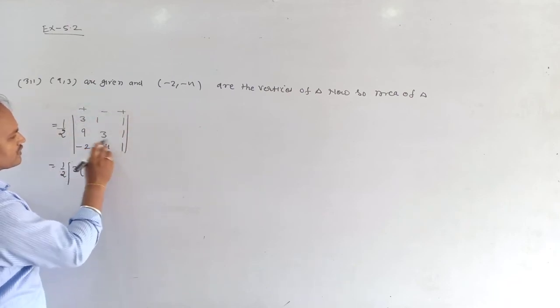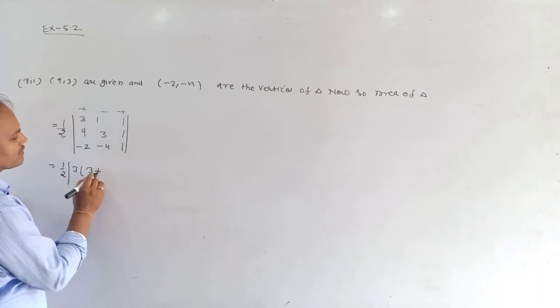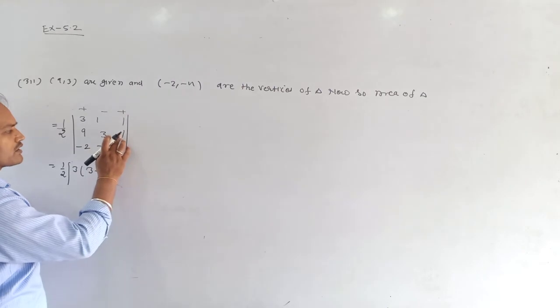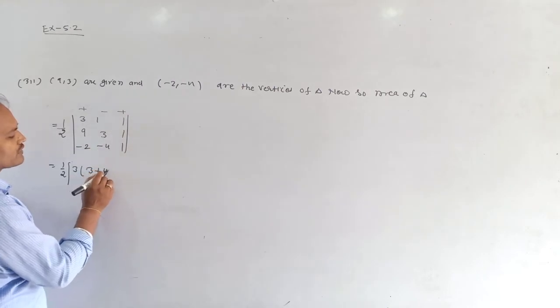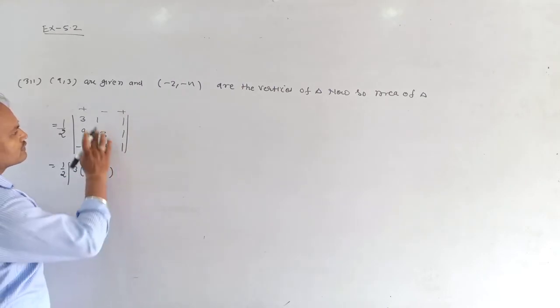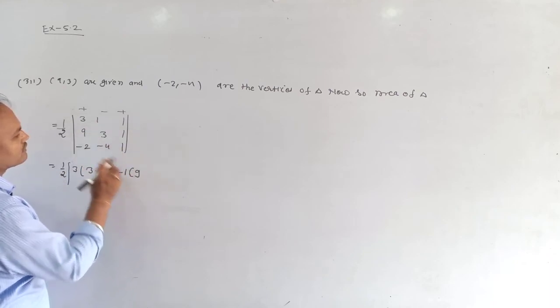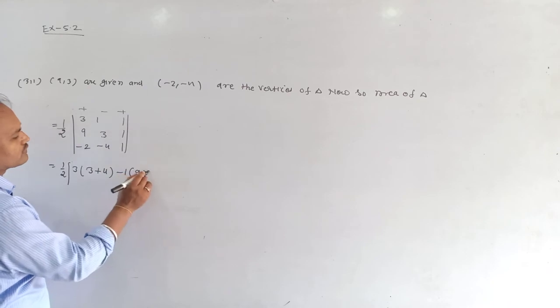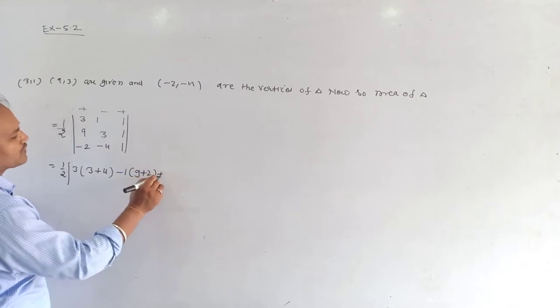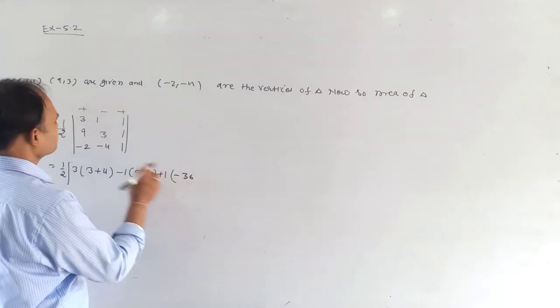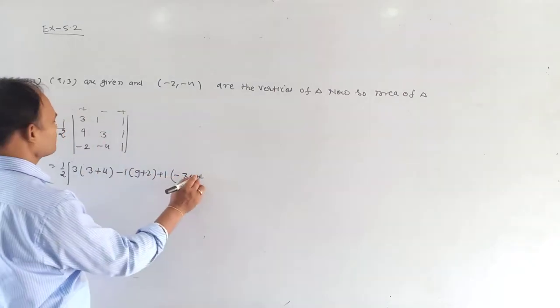Okay, so it is 3 times (3 minus 4), which is minus 4, and use the negative sign before it, so it is 4. Now minus 1 times (9 plus 2). Now plus 1 times (minus 36 plus 6).